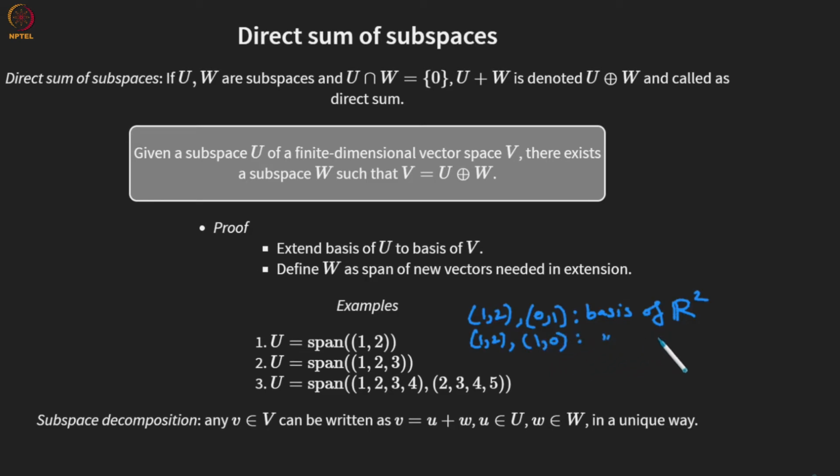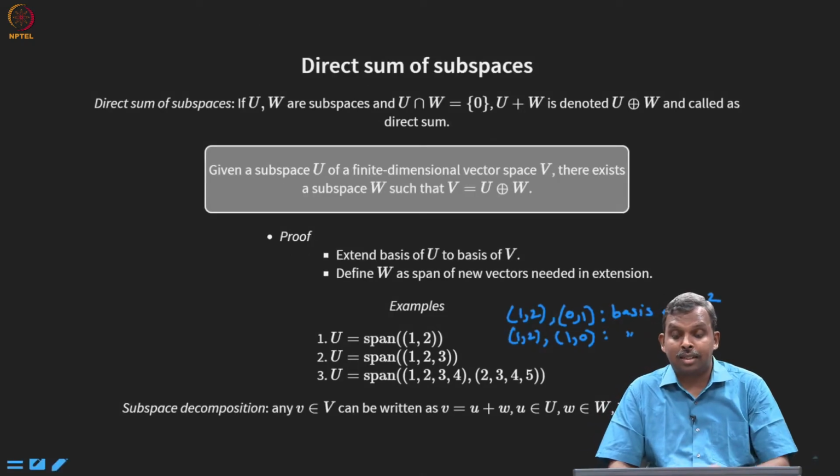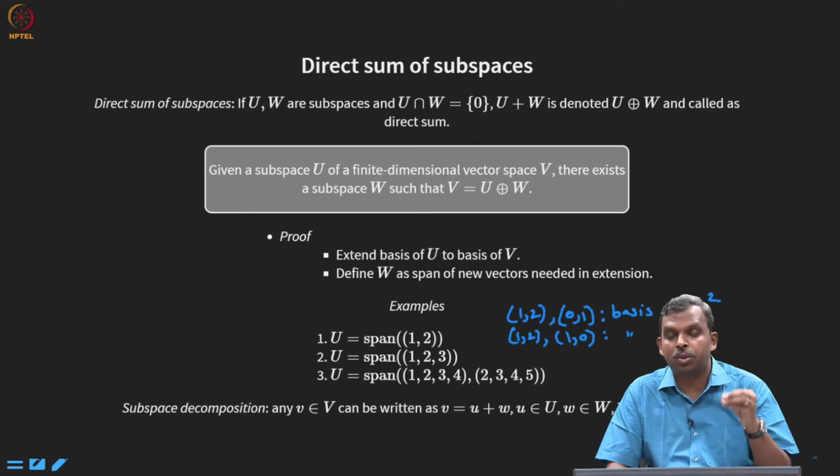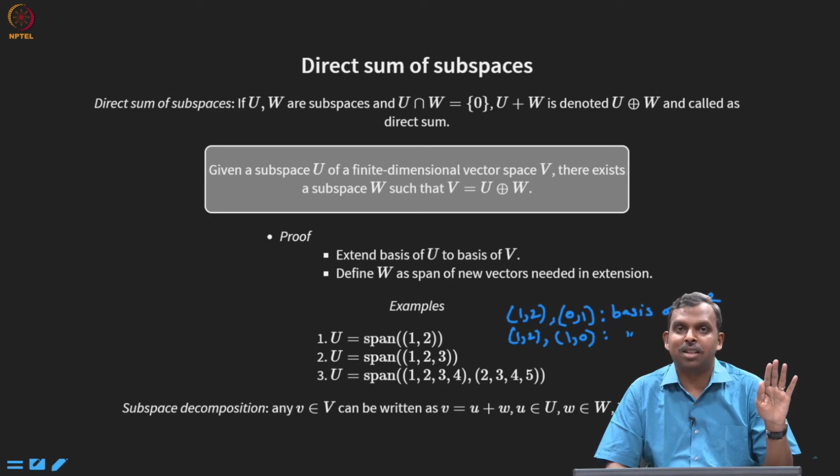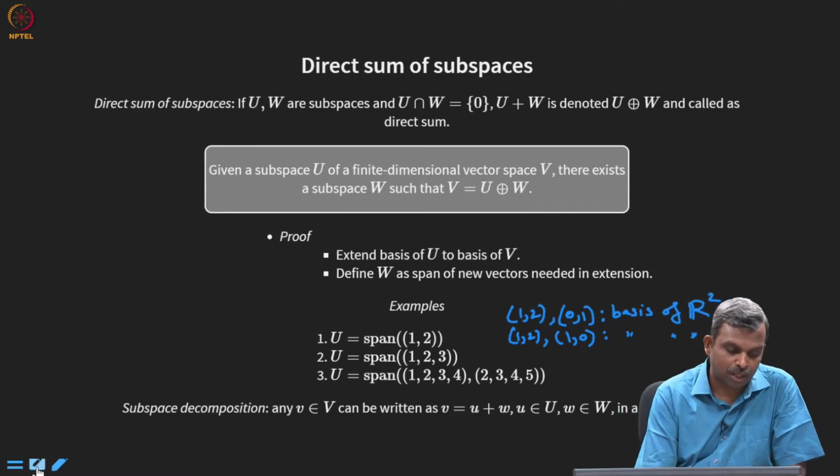This is also a basis of R2, isn't it? So, while we know that there is at least one subspace W for which U direct sum W is V, it is not unique by any stretch of the imagination. You can find any number of subspaces which give you the entire vector space V for a given U. So, that is something important to understand.